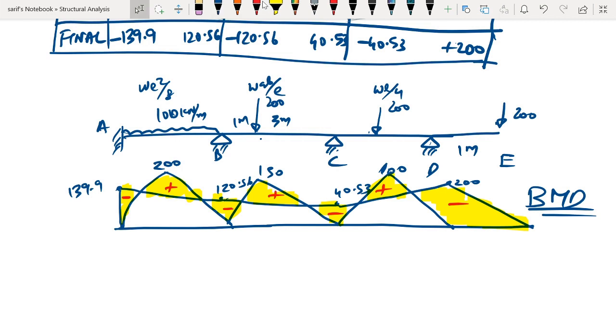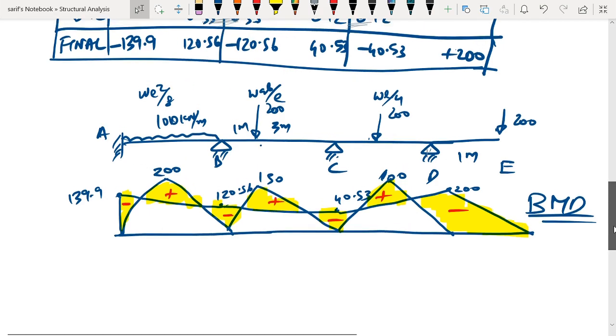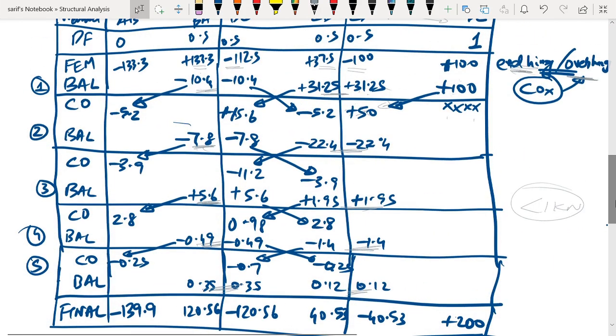Then we will make the tabulation form. And in the tabulation form, what are the things we have to remember? So if we look into the tabulation form, first thing is we will be writing down the fixed end moments. And after writing down the fixed end moments, the balancing act has to start from the end hinge over the overhanging end. Okay, from that point we have to balance, and whatever moment is there, if it was only an end hinge without any overhanging moment, the moment we should have applied to balance the joint D should have been minus 100.